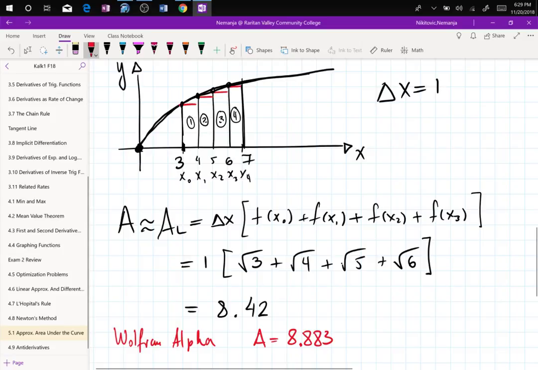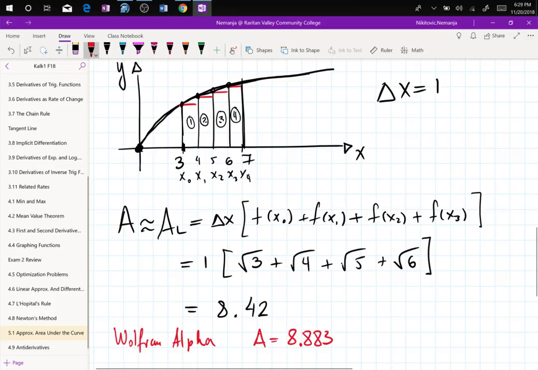So when you want to approximate area under the curve, you slice that area into these strips. Each strip becomes a rectangle as soon as you decide which way you want to draw that rectangle.